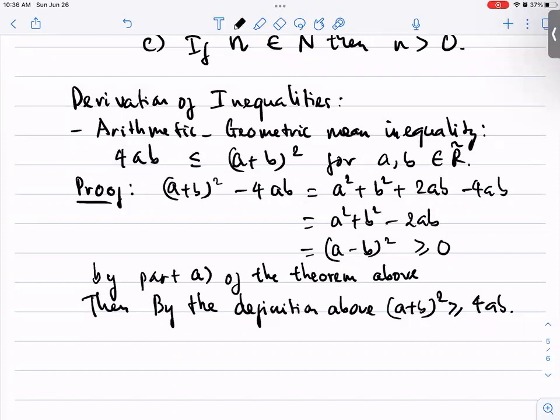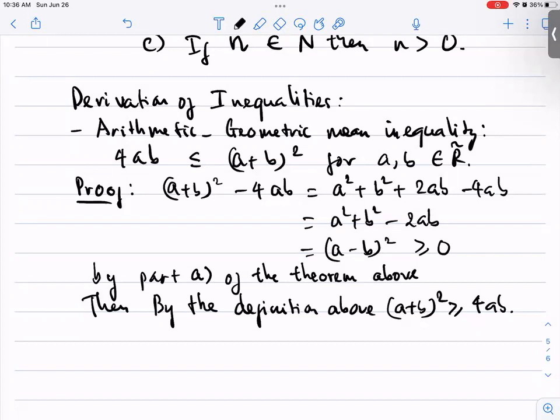We use algebraic manipulation to rewrite A plus B squared minus 4AB equal to A squared plus B squared plus 2AB minus 4AB. Then by simplification, this is equal to A squared plus B squared minus 2AB, which is equal to A minus B squared, which is greater than or equal to 0.